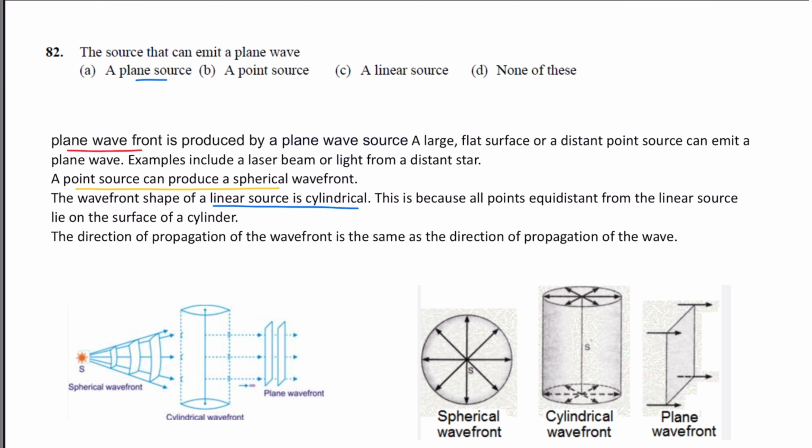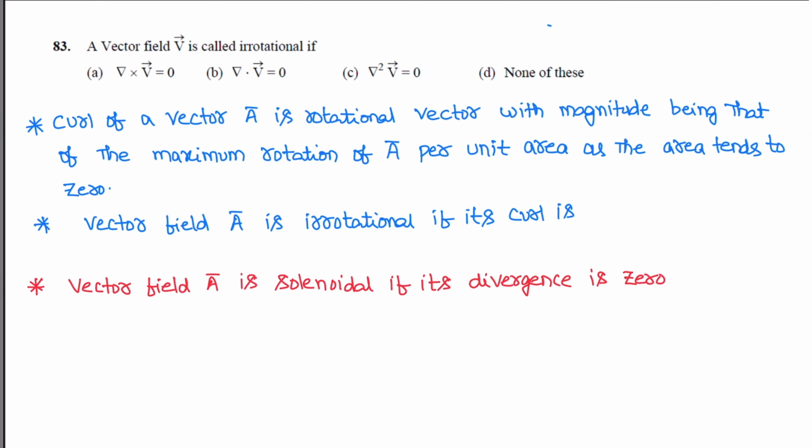Next question. Question number 83. A vector field is said to be irrotational if the curl of a vector A is zero.